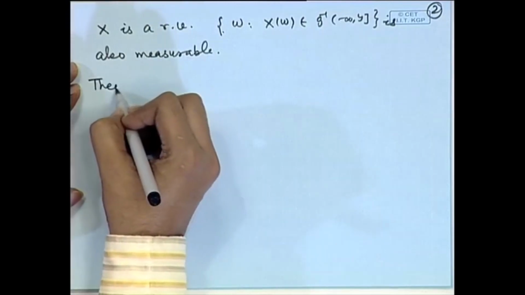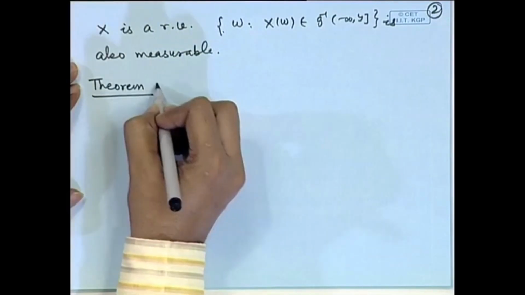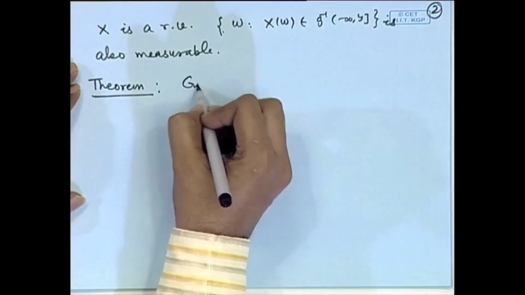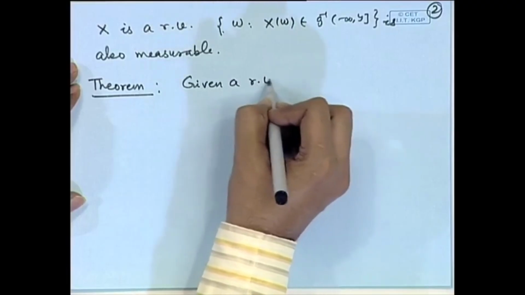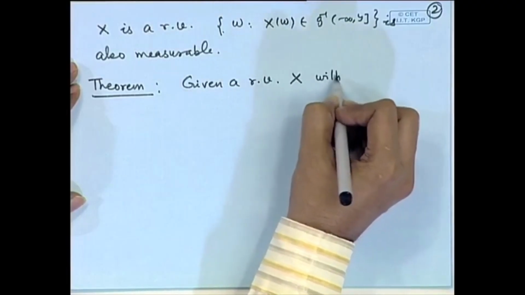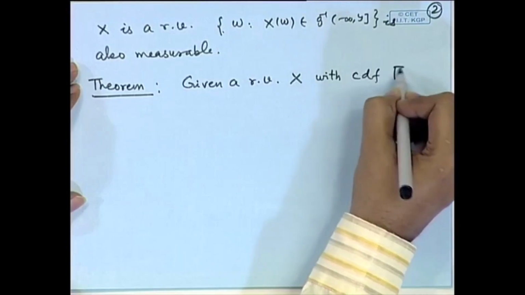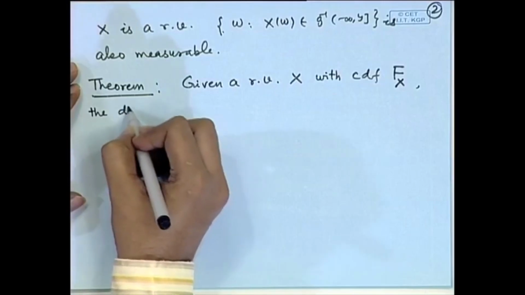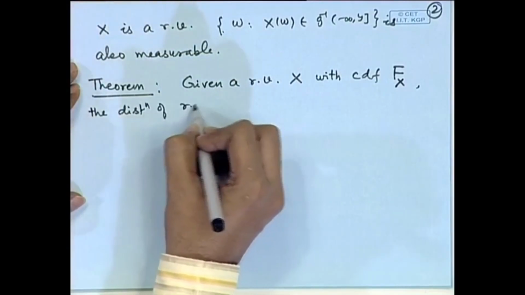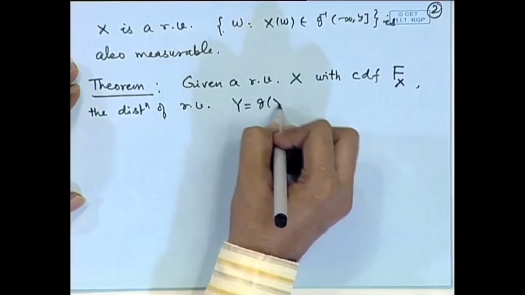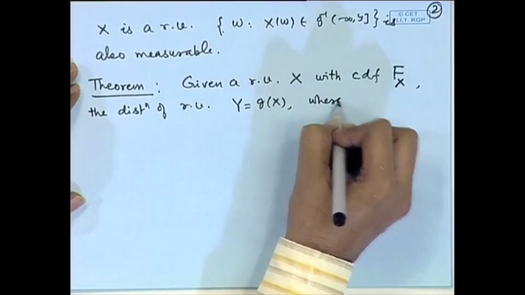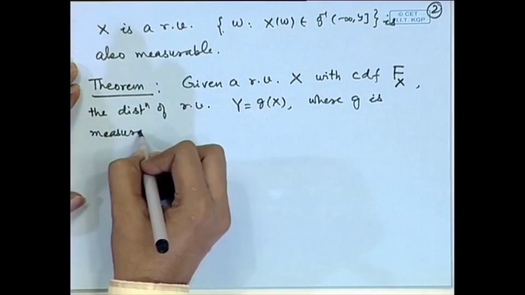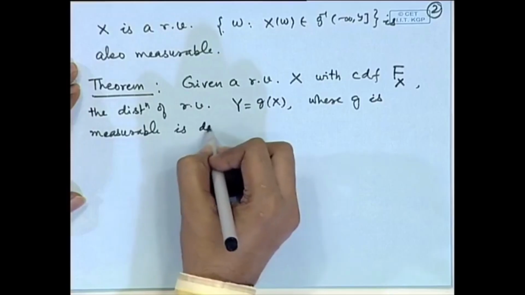So, now we have to ensure that a probability distribution can be found. Given a random variable X with cumulative distribution function, say capital F, the distribution of the random variable Y equal to g(X), where g is measurable, is determined.